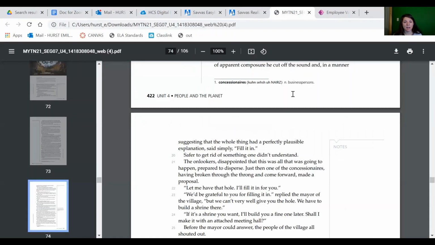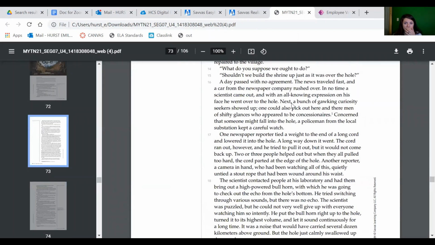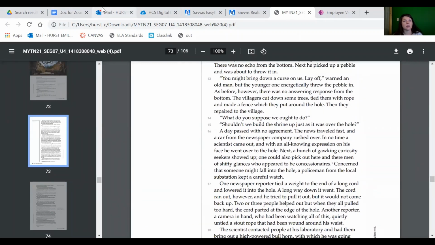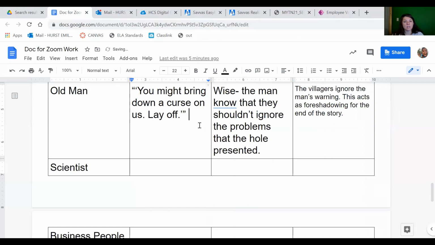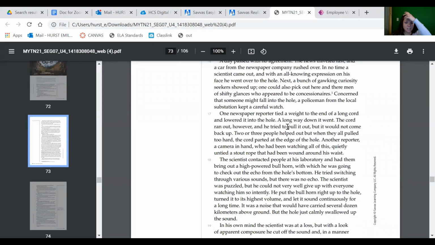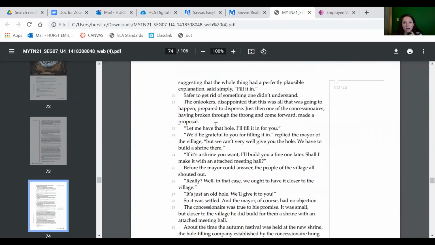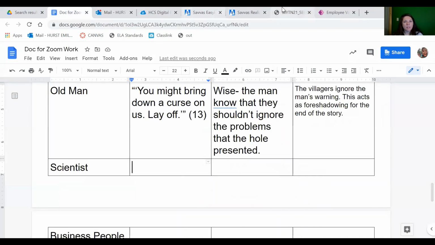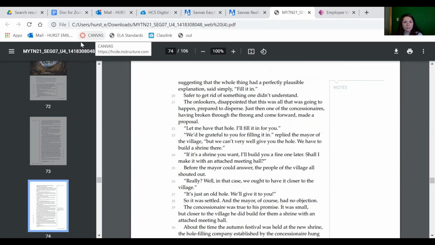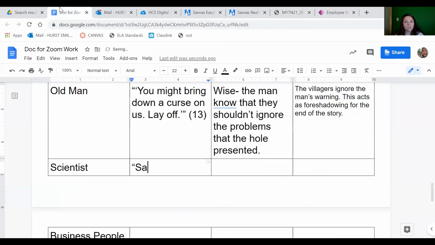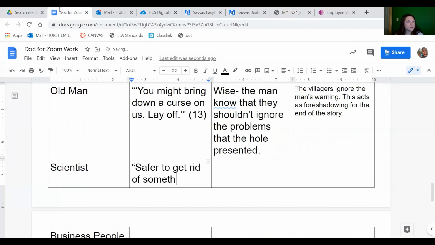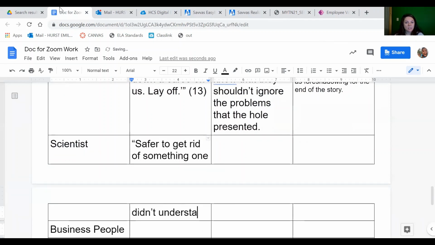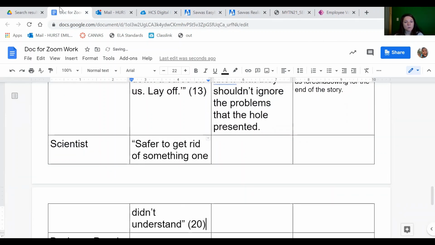So I need to go back and add the curse: "You might bring a curse down on us." That was paragraph 13. The scientist is over here: "Safer to get rid of something one doesn't understand." That's all of paragraph 20.